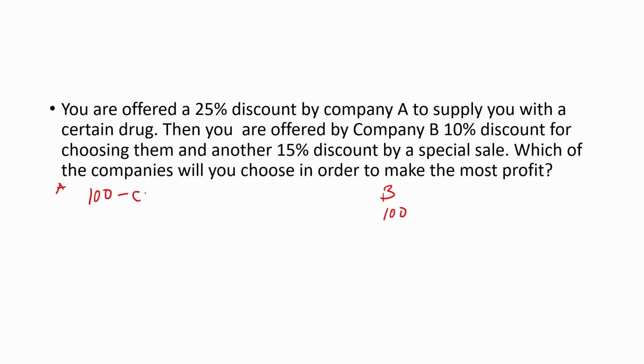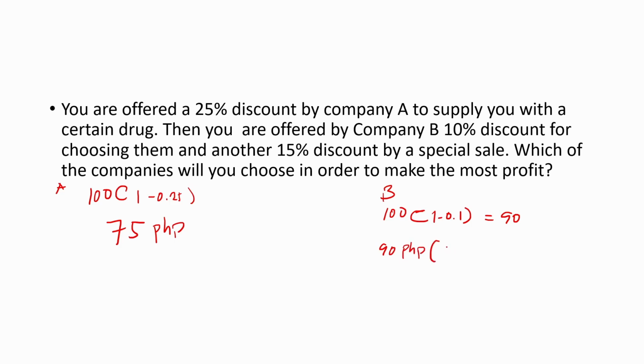So 100 multiplied by 1 minus 0.25. So you're getting 75% of the original price, that is 75. However, for company B, 100, you have to discount it by 10%. 1 minus 0.1. So that's 90. Then we have 90 pesos.